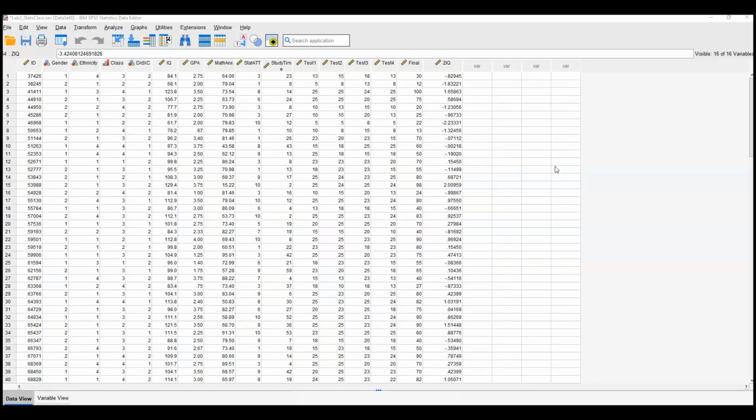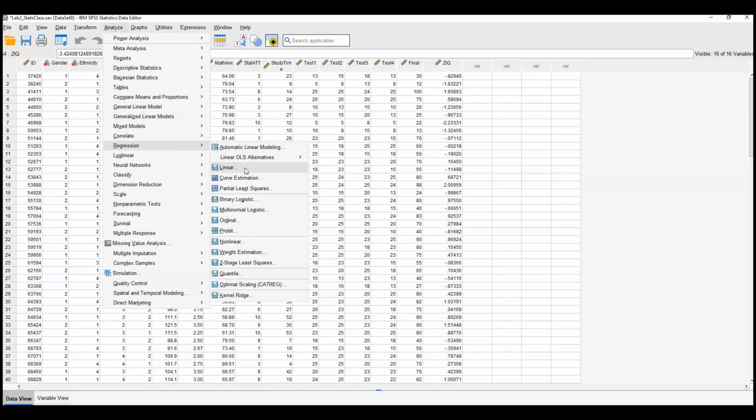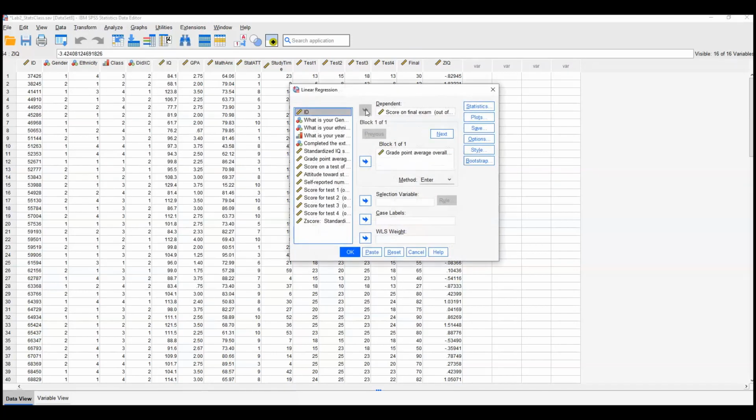So I'm going to quickly show you that, and then I'm going to show you one other thing related to some scatter plots, which helps you look at the relationships between variables to make sure they're actually linear, so that you can use either simple linear regression or multiple regression. In this case, I'm going to go back to Analyze, back to Regression, back to Linear. Again, our dependent variable is still the score on the final exam.